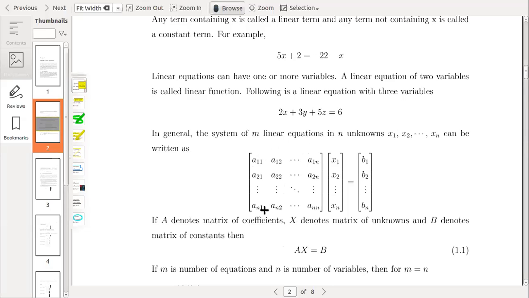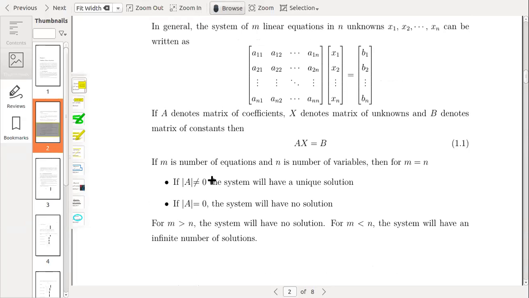So we can split into a matrix of coefficients, then a matrix of variables, and then a matrix of constants. So if A denotes the matrix of coefficients, X denotes the matrix of unknowns, and B denotes the matrix of constants, then we can write this system as AX is equal to B.